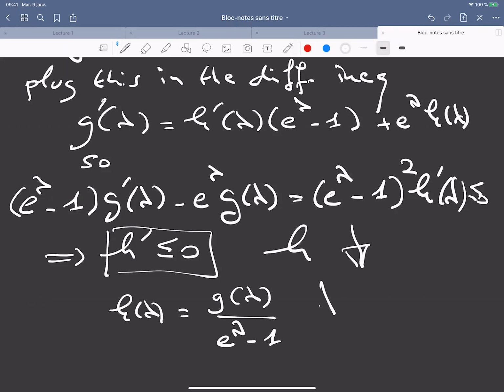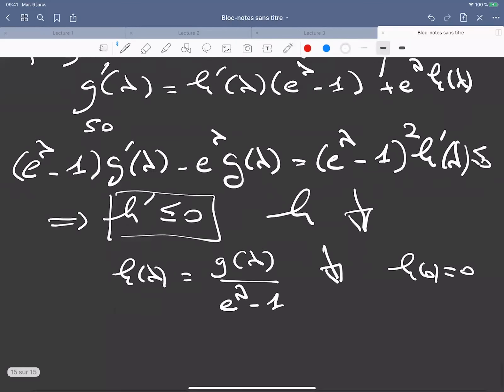So this decreases. And at 0, it is equal to 0 because when lambda tends to 0, the initial conditions imply that this quantity tends to 0.